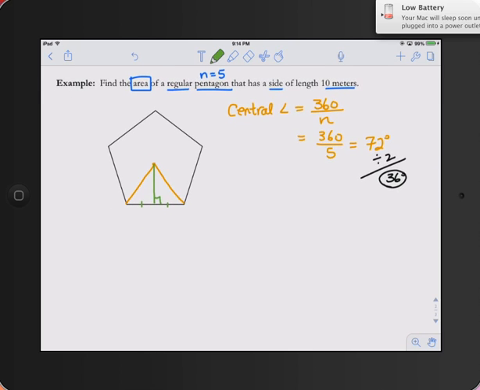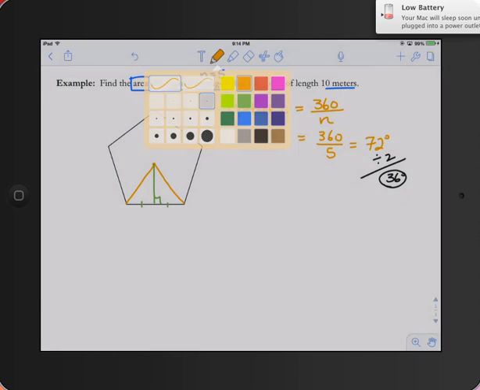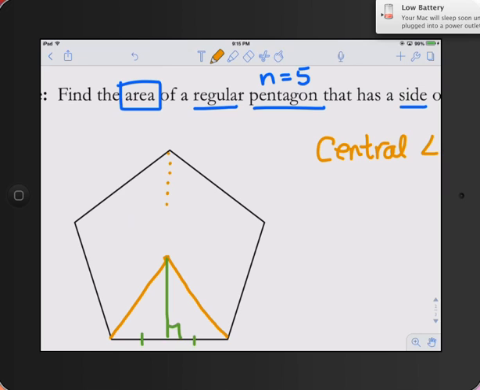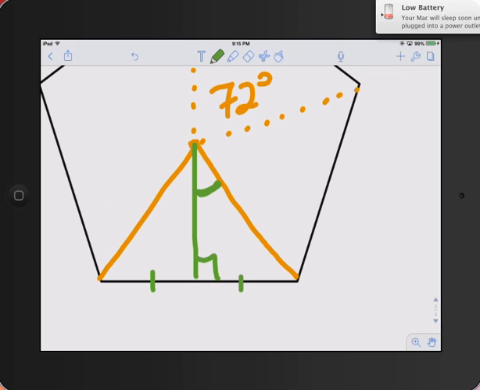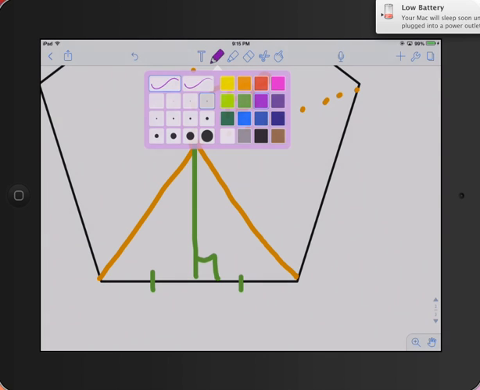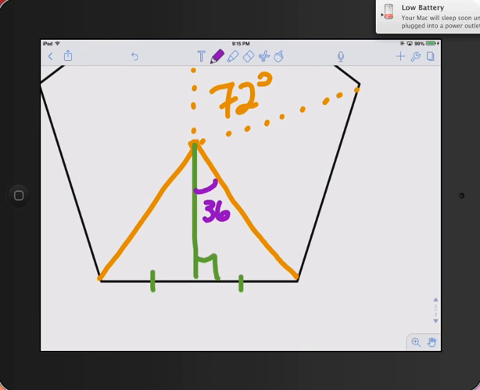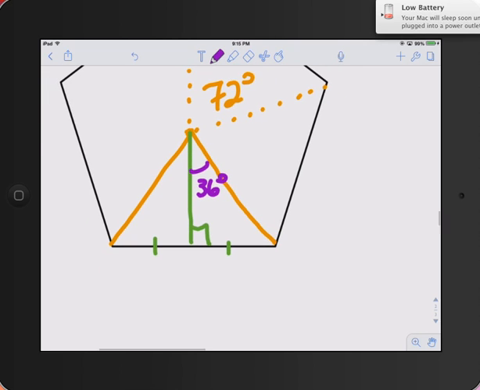Now we need to know 36 degrees because the large central angle measure, if you drew in one of these actual central angles, would be 72 degrees. We need to know, though, what this angle measure is. That angle measure is going to be 36 because it's cutting the 72 in half.